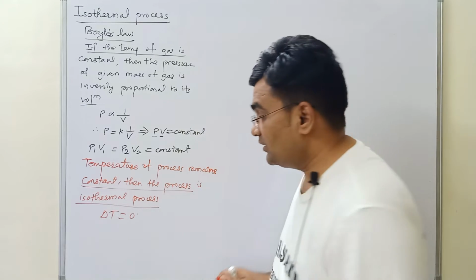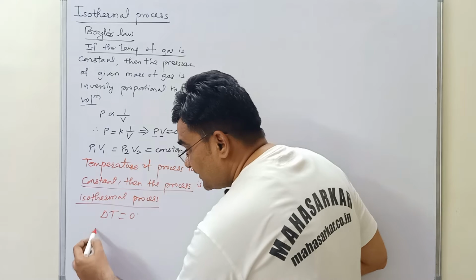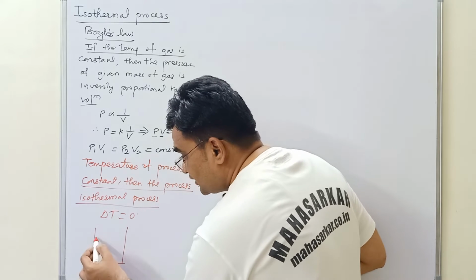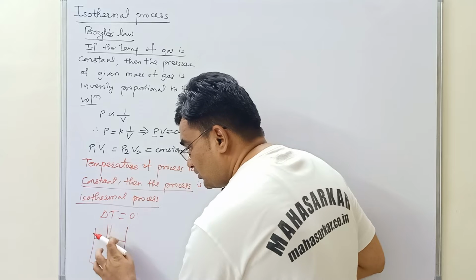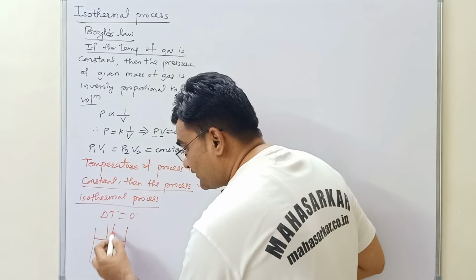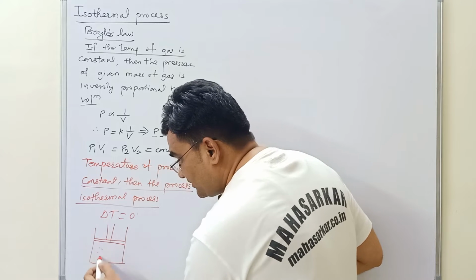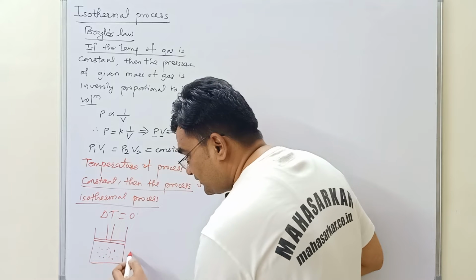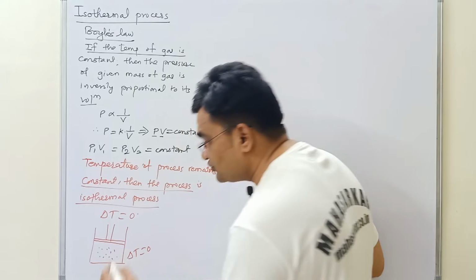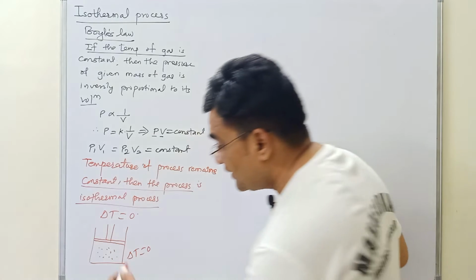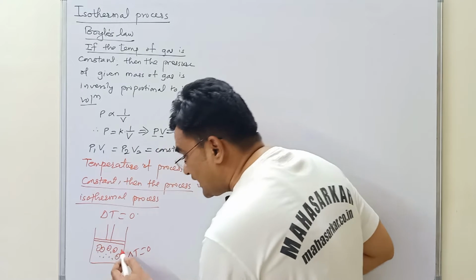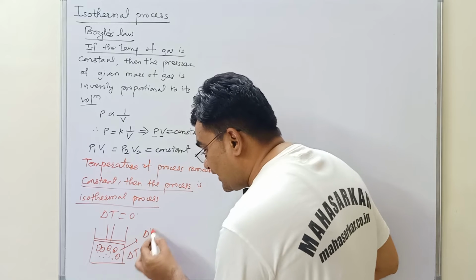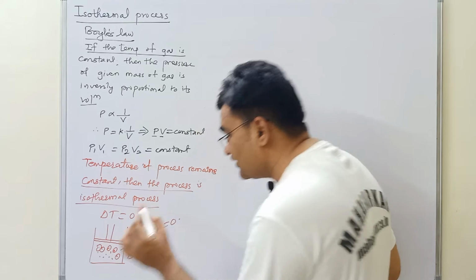Now we know that when delta T is 0, if I consider any gas enclosed in a cylindrical vessel with a movable piston, and the temperature of that gas is constant, that is, no change in temperature takes place, then the gas molecules will not change their kinetic energy. So delta kinetic energy is also equal to 0.